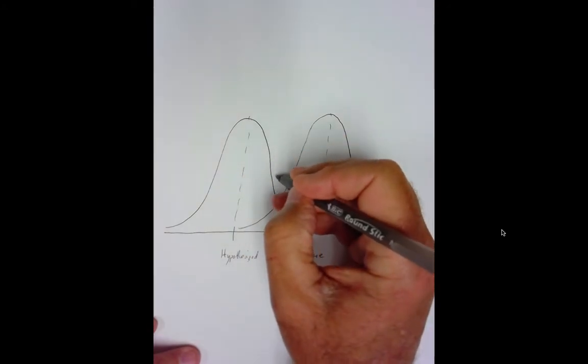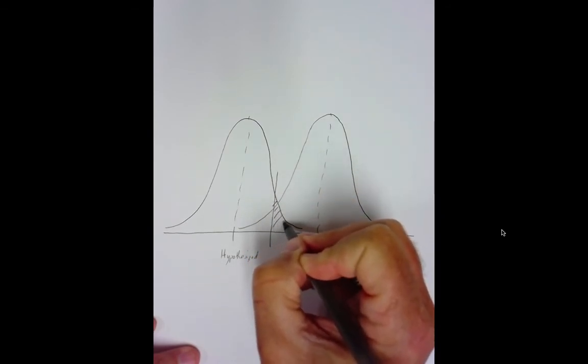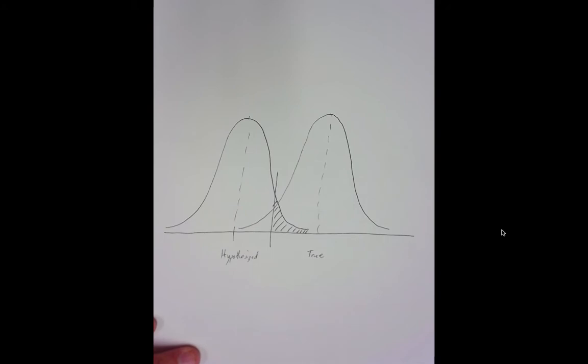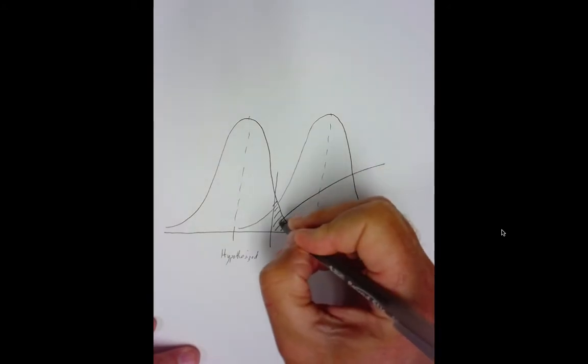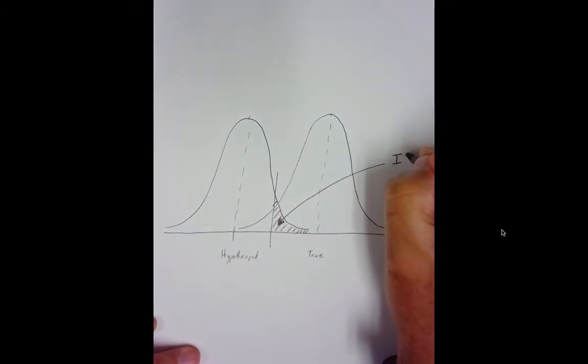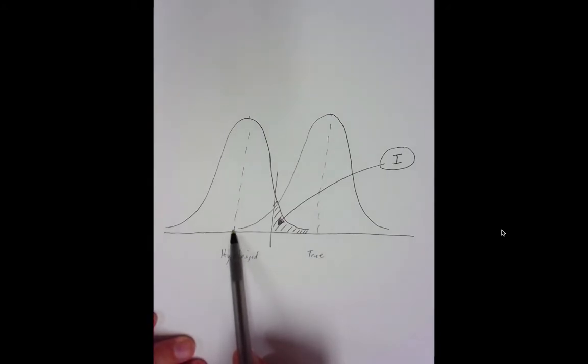So in this distribution right here, I've got some cutoff that gives me a type 1 error. Now, why is that a type 1 error? A type 1 error is what? Rejecting a true null. Well, if this is true, then our calculations have to come from this distribution.